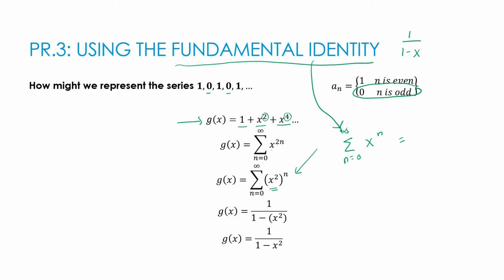So what does that tell me I can do? I can take 1 divided by 1 minus, and instead of x, I have x squared. So that is what I've got here. That is my identity for 1, 0, 1, 0, 1, 0.